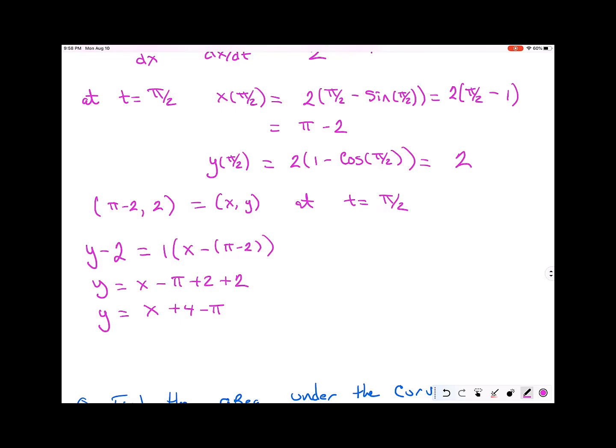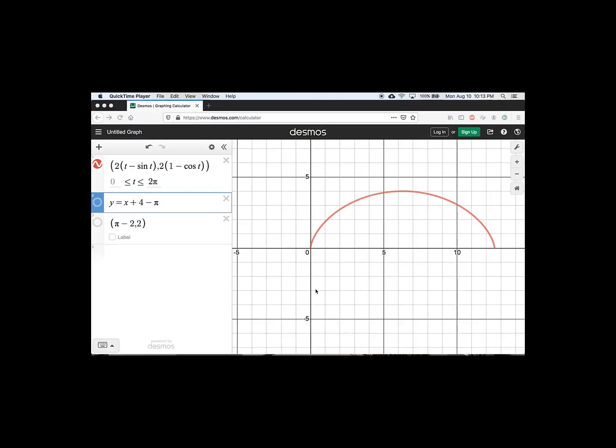All right, well, let's take a second and look at a graph of this. So what I've done is graphed this parametric equation that we have, where the radius is 2, and then t minus sine of t for the x part, and the radius is 2, and then 1 minus cosine of t for the y part, and it's from 0 to 2 pi, and so that's this curve.